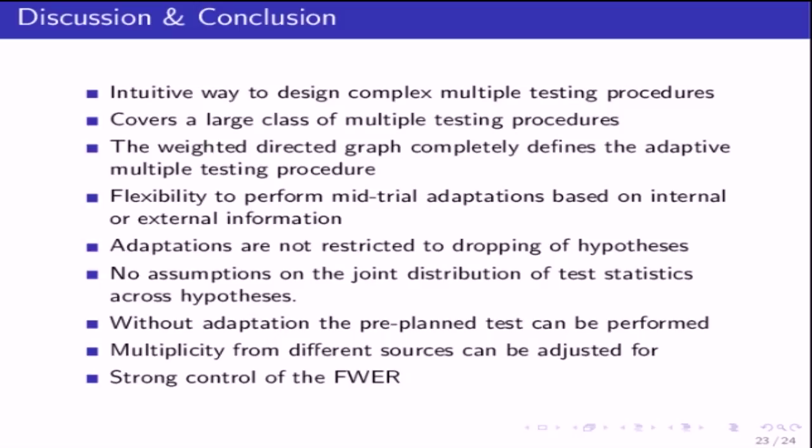And what's really a nice feature, without adaptation you can perform the classical pre-planned fixed sample test, and you can adjust for multiplicity from different sources, and you will always have strong control of the type 1 error rate.